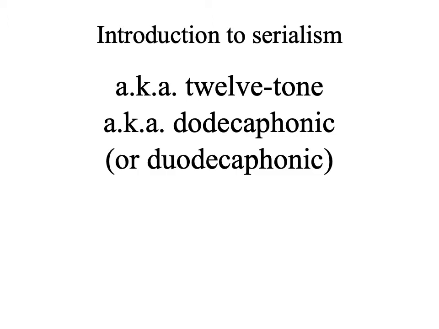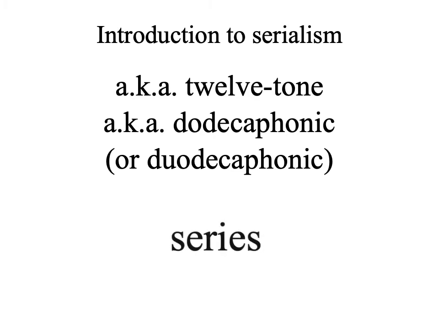Some people call it duodecaphonic music. But the thing that all of these have in common is that they are serial approaches to composition, which means they make use of a series. And that series is the important thing. Writing with a 12-tone or a dodecaphonic series is an important thing.